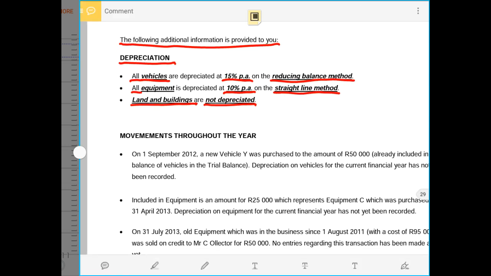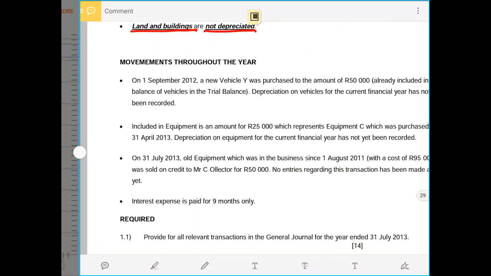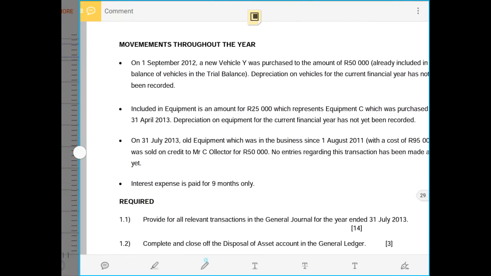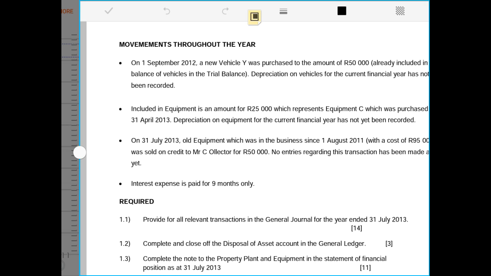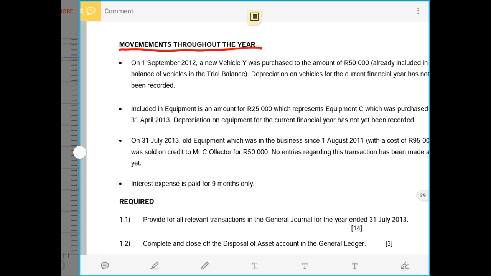Now let us continue further reading in this exercise. Movements throughout the year. That means these are the transactions that took place during the current financial year.